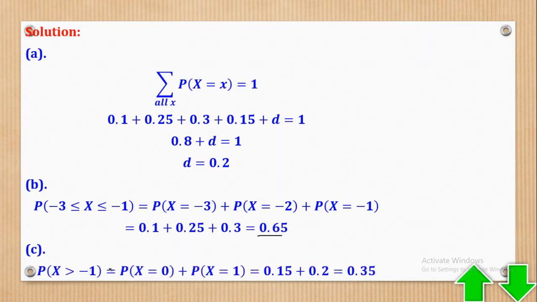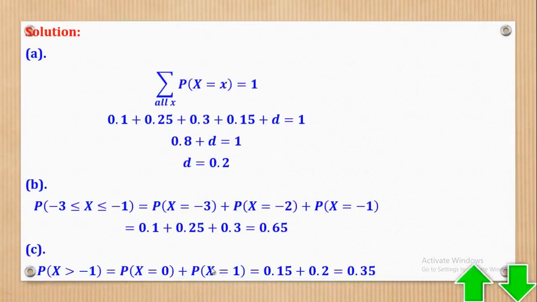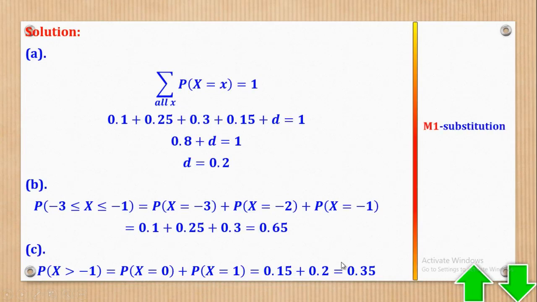So greater than -1 will be 0 and 1 if you look at this table, and the probabilities are 0.15 and D, which is 0.2. So you come here and substitute, which will be 0.15 plus 0.2, which is 0.35. So basically that is what they wanted.